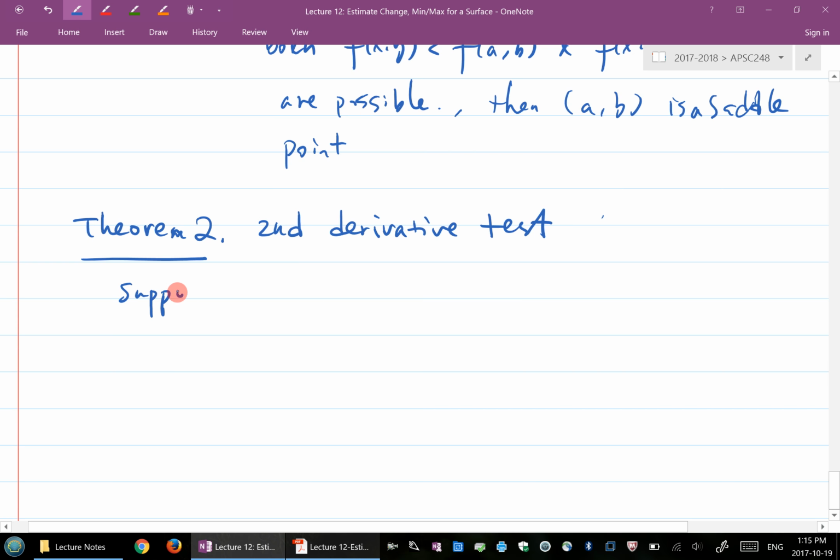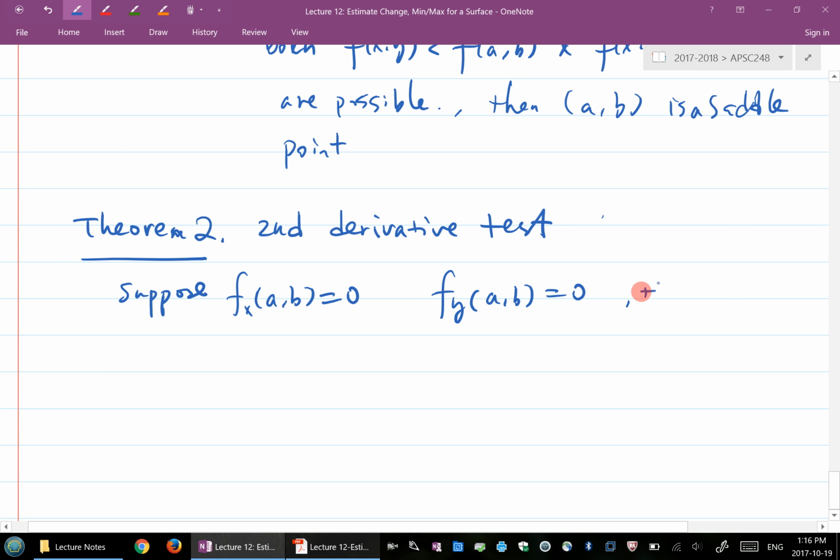Suppose we already calculated the first derivative test, and we find that (a, b) satisfies this first derivative test.